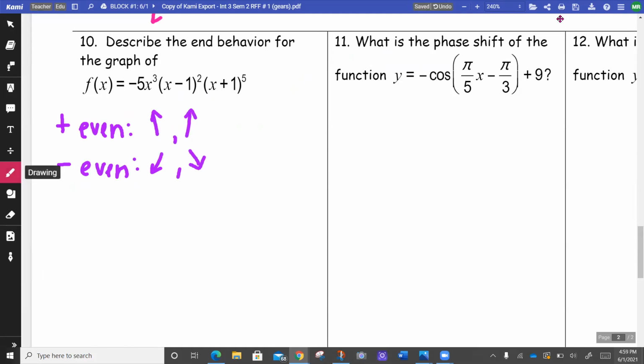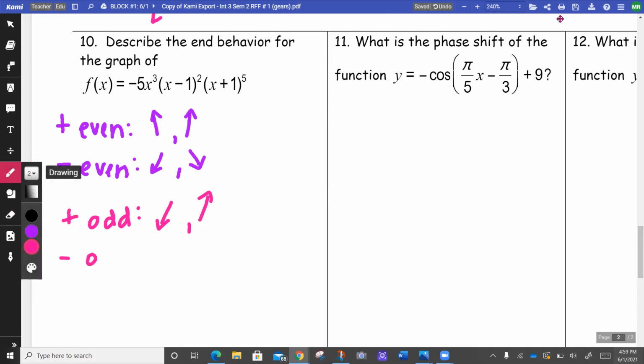When we are dealing with an odd, a positive odd is like an increasing line. It's going to be starting below and ending above, going in opposite directions. A negative odd is going to be like a decreasing line. It's going to start above and end below.